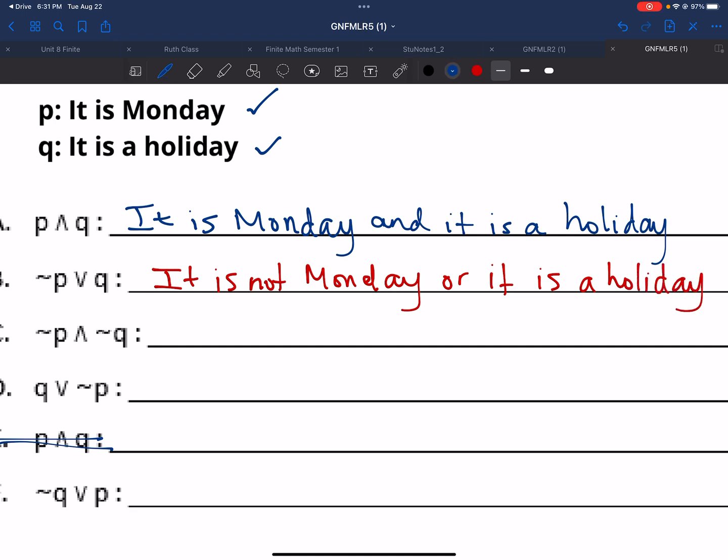Okay. The next one is a negated P and negated Q. So that would be it is not Monday and it is not a holiday.